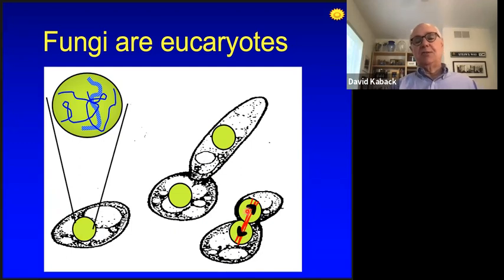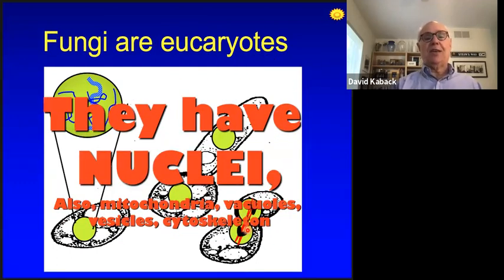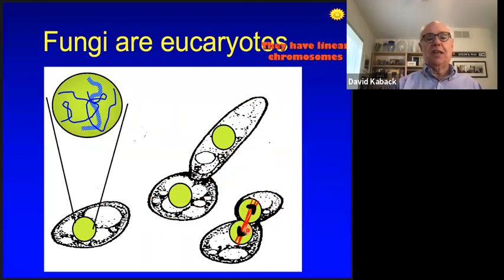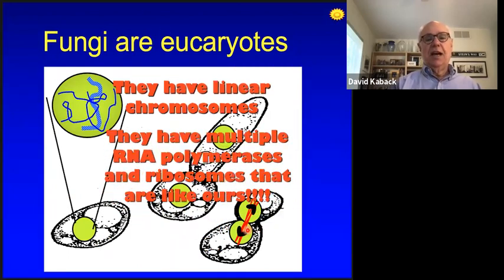It makes a cytoskeleton and a spindle during mitosis. And it also contains different ribosomes. So they have nuclei, mitochondria, vacuoles, vesicles, a cytoskeleton, linear chromosomes, a cell cycle, as I mentioned. And they have multiple RNA polymerases, and most important, they have ribosomes that are like ours.